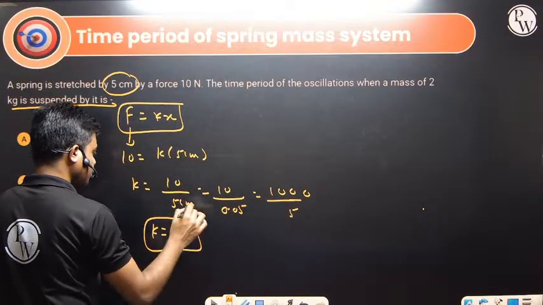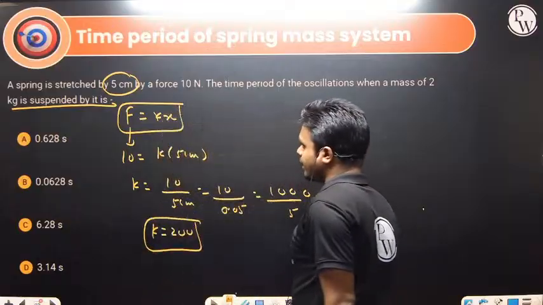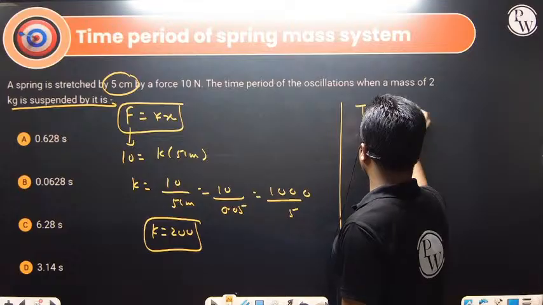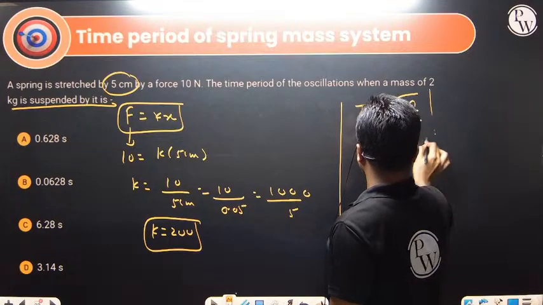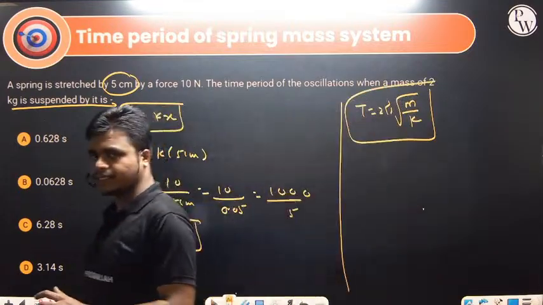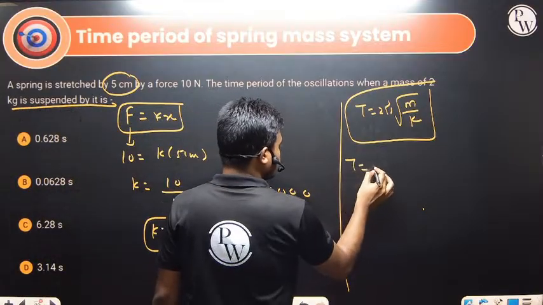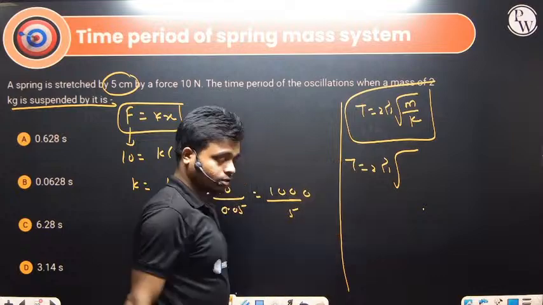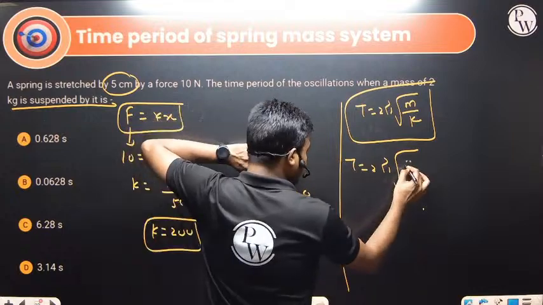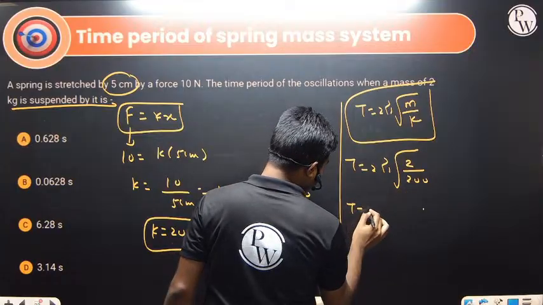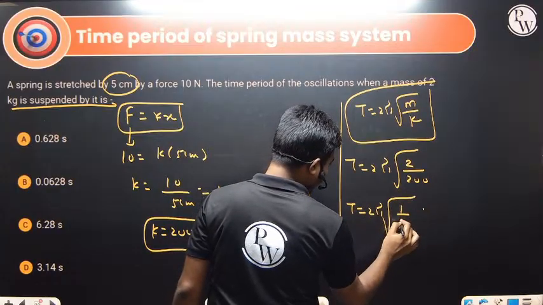What are they asking next? The time period of the spring mass system. T is equal to 2 pi under root m by k. So the time period is 2 pi under root of the mass, which is 2, divided by the K value, 200. So the time period is 2 pi under root 1 by 100.